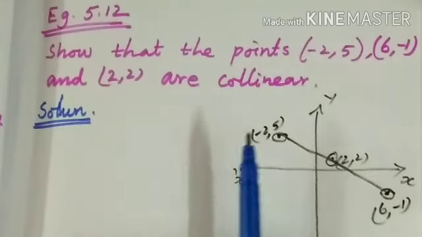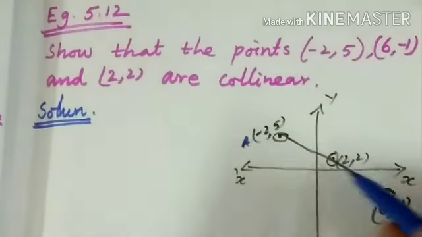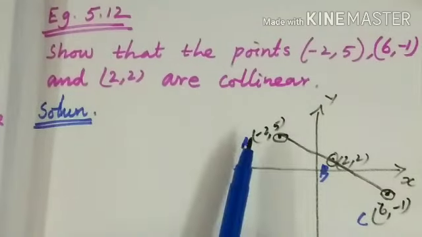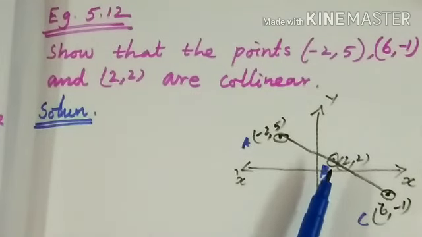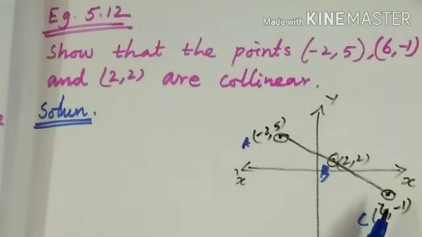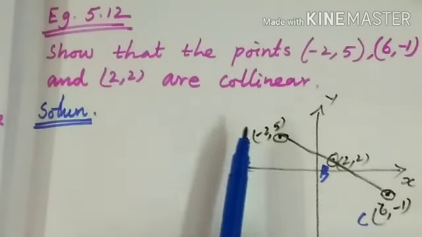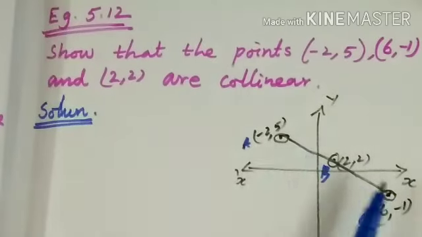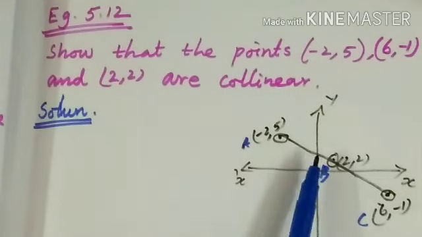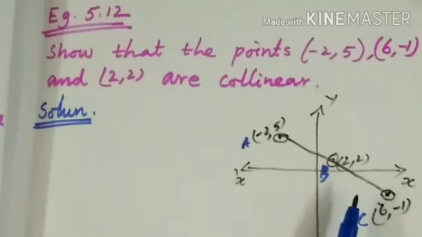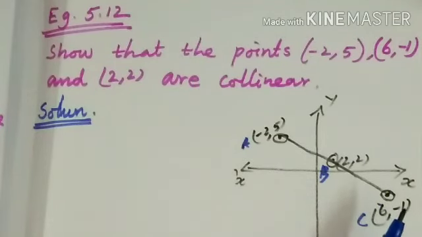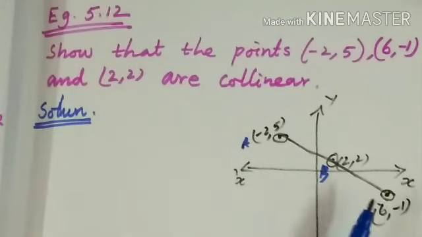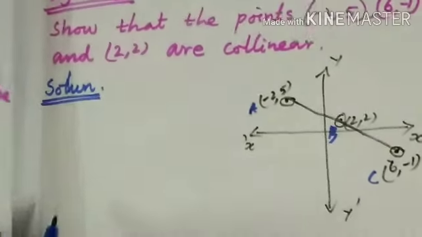Let us keep these 3 points A, B, C. Now you have to find the slope of the line AB and the slope of the line BC. Whether these points are collinear means their slopes must be equal. Slope of AB is equal to slope of BC. Otherwise, it is not a collinear. Let us do the solution.